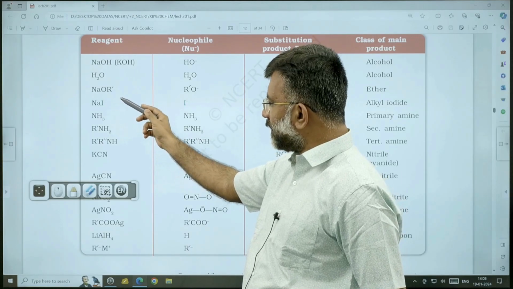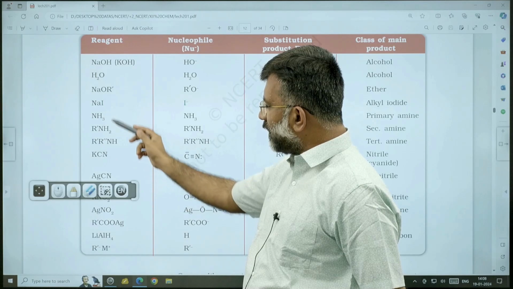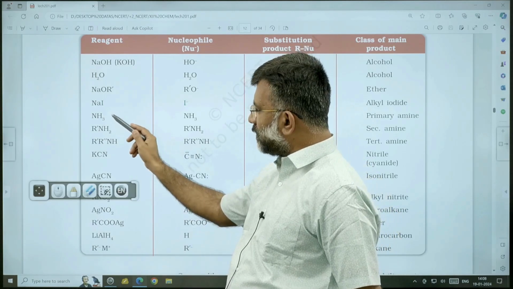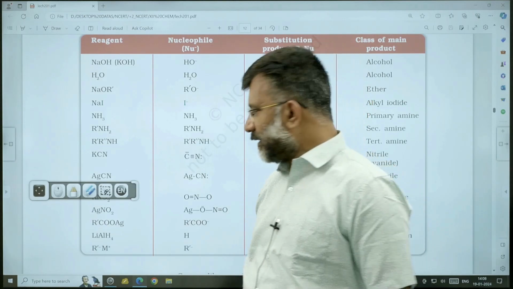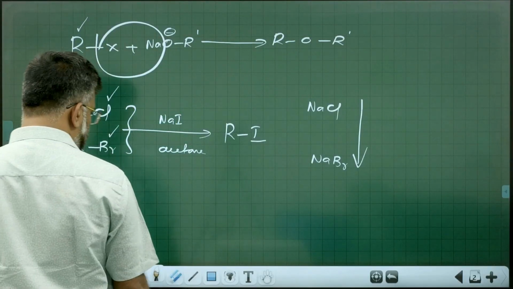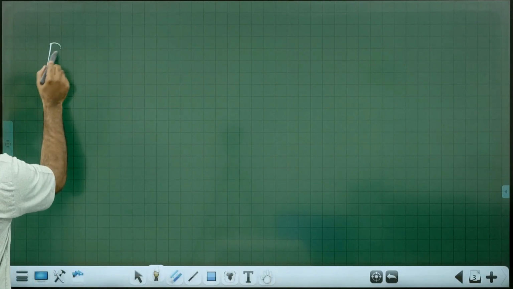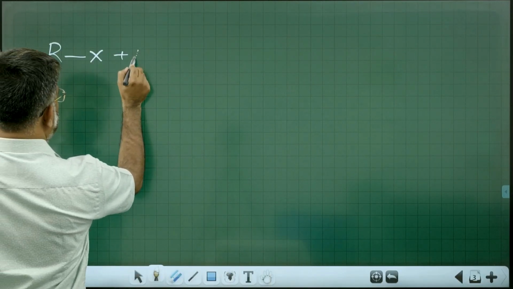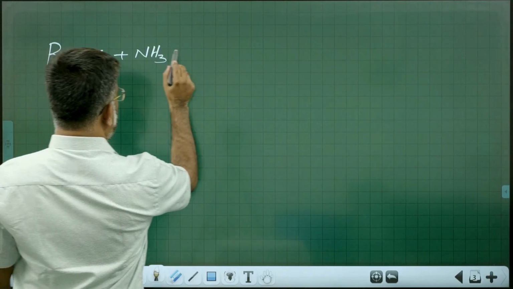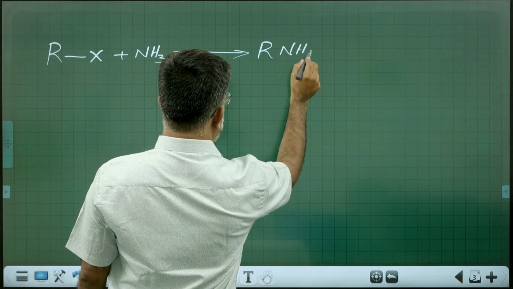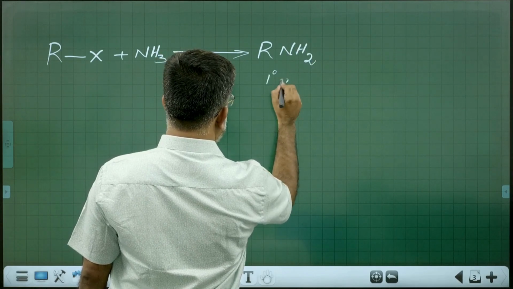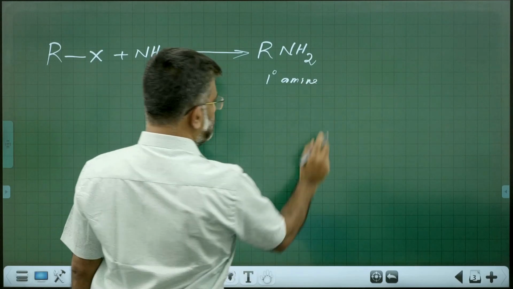Now, reaction with ammonia and derivatives. This is Hofmann's ammonolysis reaction, where an alkyl halide is treated with ammonia. Again, it is a nucleophilic substitution reaction. You get RNH2, a primary amine.